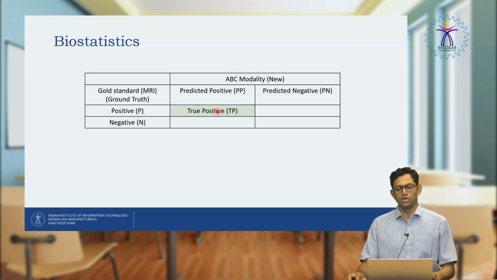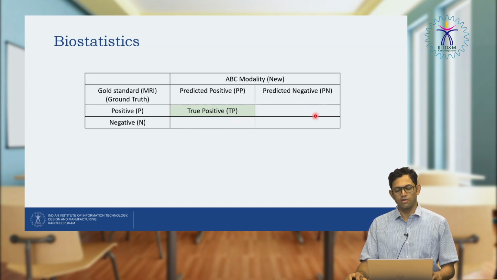That is, the patient who has been diagnosed with a particular cancer, for example, by the MRI, which is the gold standard, and the same diagnosis of cancer has been generated by the new modality, that is the ABC modality. Okay. So that case is known as true positive.